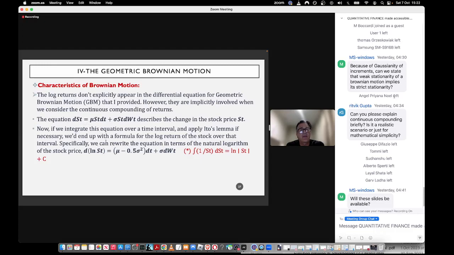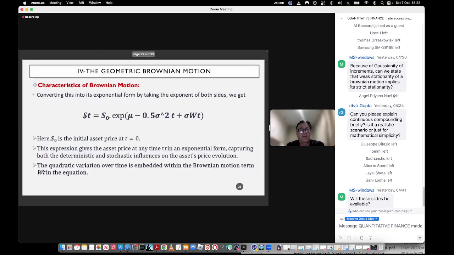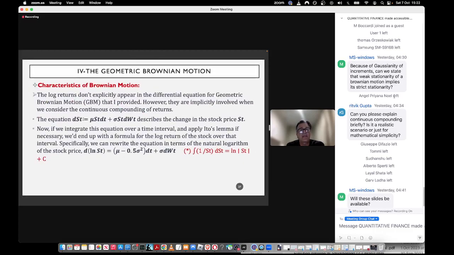You divide by ST everywhere, and you get this formula, because by dividing by ST, the ST disappears. What remains is 1 divided by ST, and you take the integral of that and get the log, because the derivative of the log of ST is 1 divided by ST. It's how a logarithm appears, and here 0.5 multiplied by the variance is the correction of the volatility.